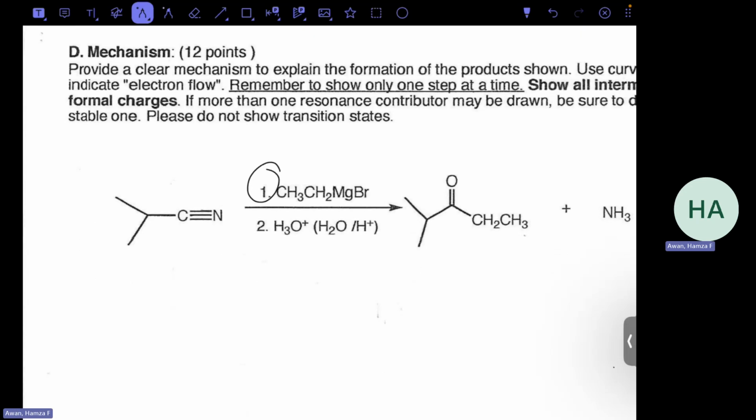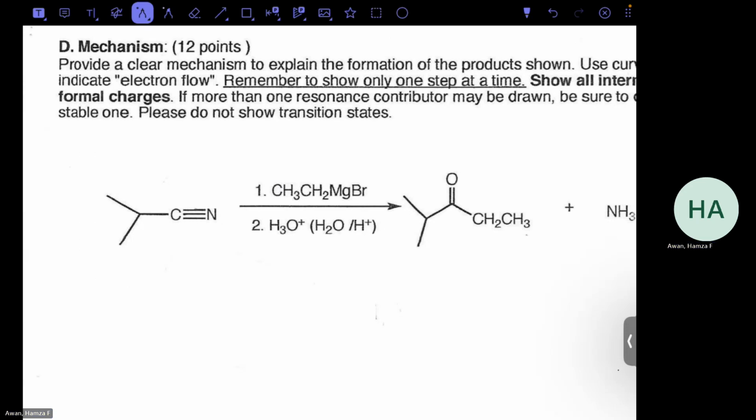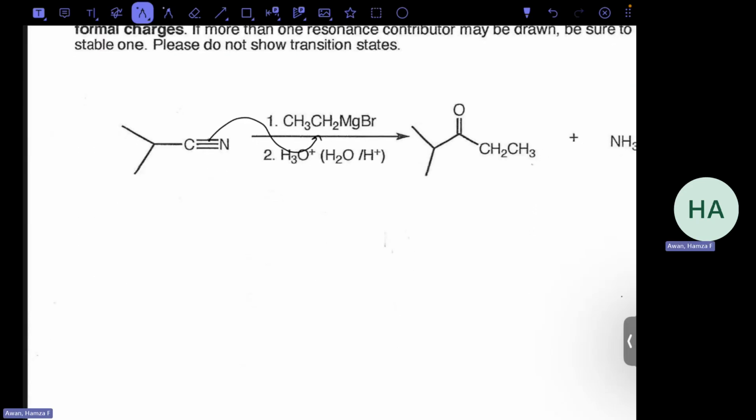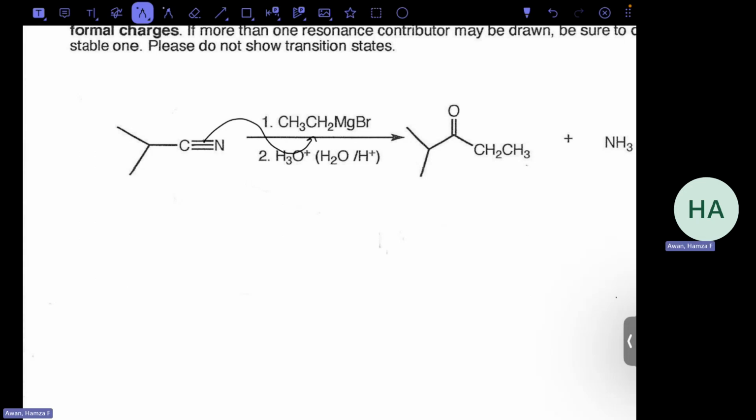So our first step, and you guys are going to have to bear with me a little bit, this triple bond is going to come and attack this carbon right here. What that's going to cause is some electrons from that triple bond to cause an imine to form, right? So we have our N like this.